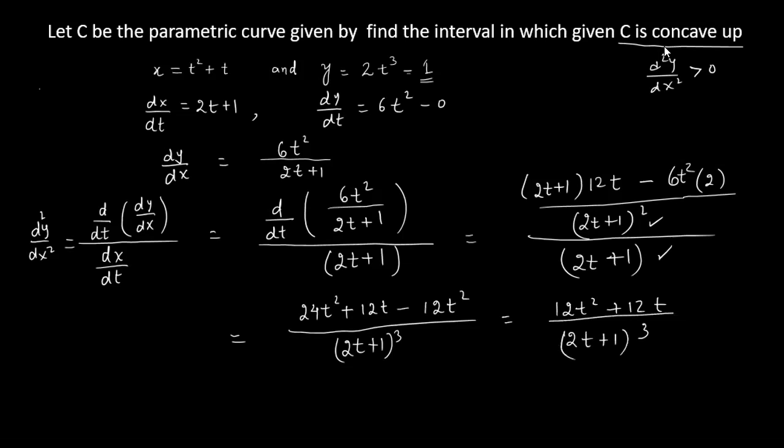Here 12t is common, so we can write this as 12 times t into (t plus 1) divided by (2t plus 1) cubed, and this is nothing but the second derivative. Now let us rewrite this again. Our second derivative d²y over dx² is 12 times t into (t plus 1) divided by (2t plus 1) cubed.